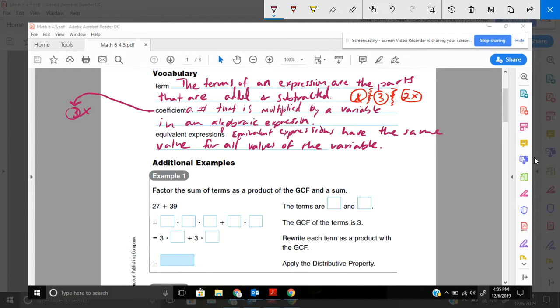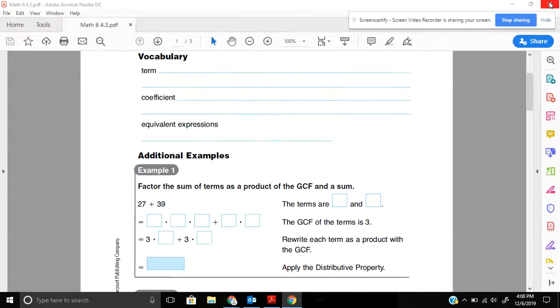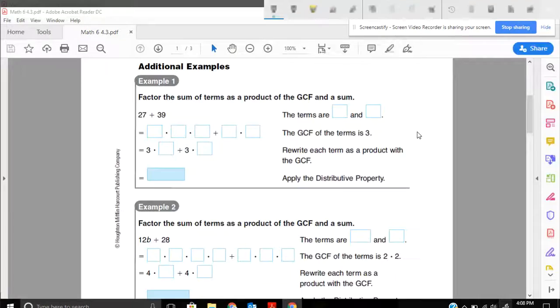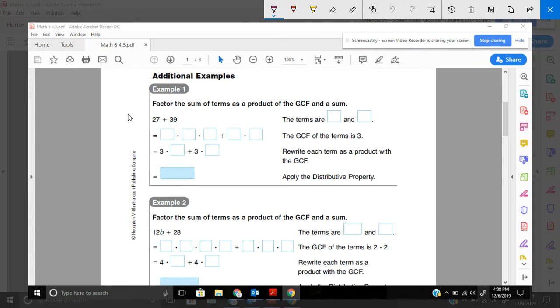In the first example, to get started right away, it says factor the sum of terms as a product of the GCF and a sum. Wow, that's pretty wordy. Okay, what they're saying is take this expression, 27 plus 39, and basically rewrite it.